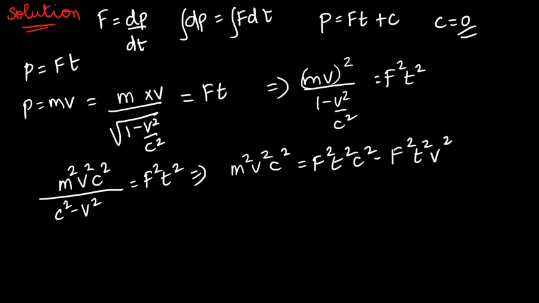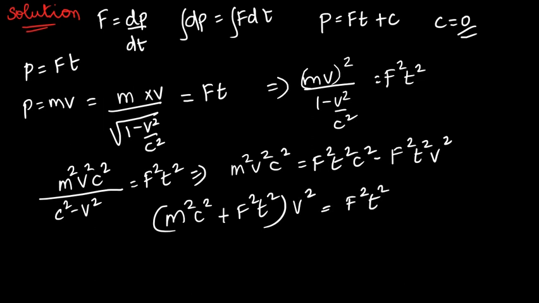So I need v, that is speed. So I'm going to take all the v terms to one side. So now here v square will be F square t square c square divided by m square c square plus F square t square.